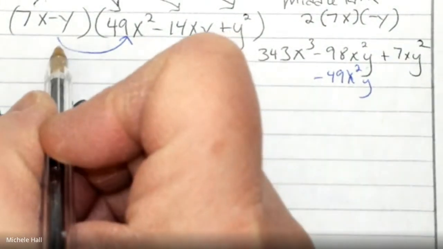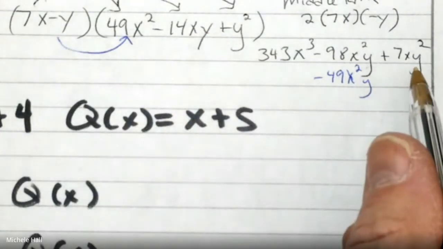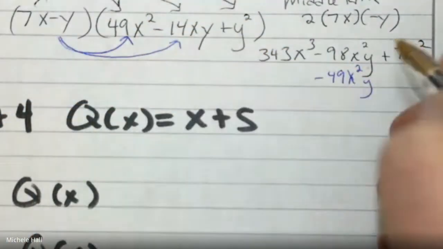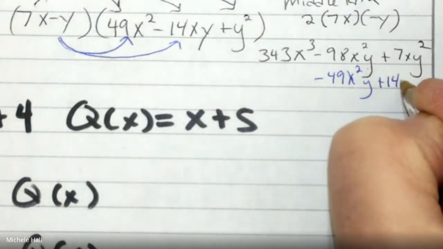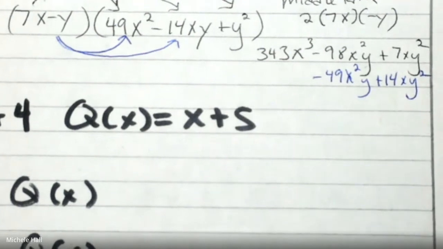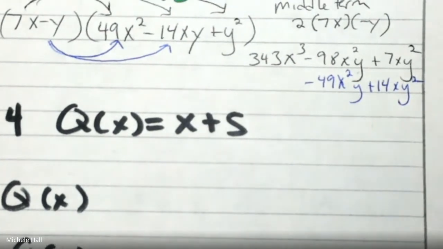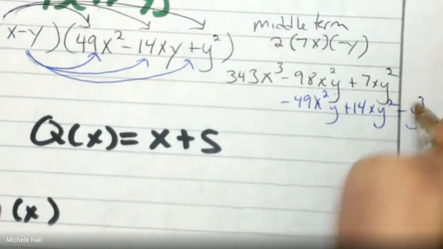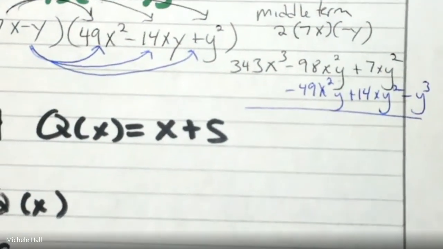And then I'm going to have an xy squared, which should be the next one if I keep going in order. And that's going to be a positive 14xy squared. And then a negative y cubed. Add them up.